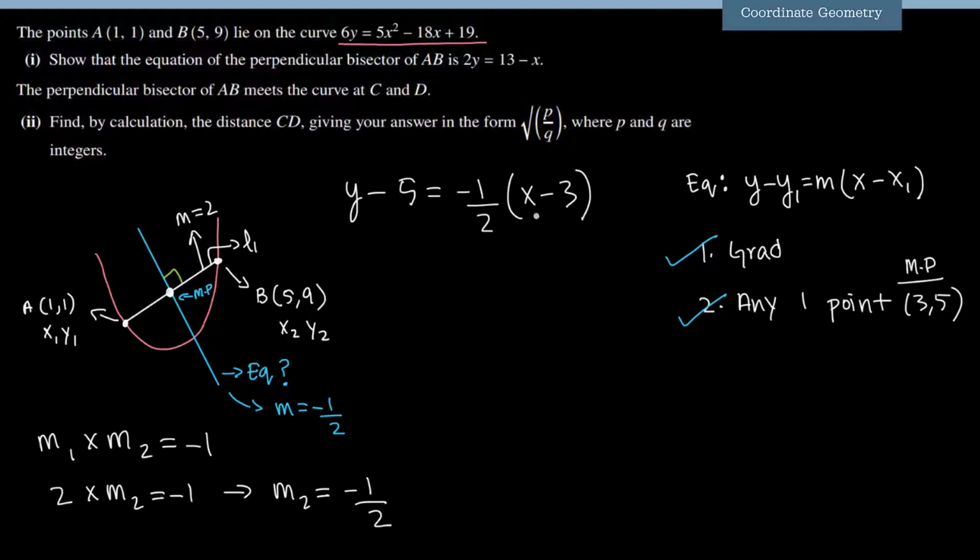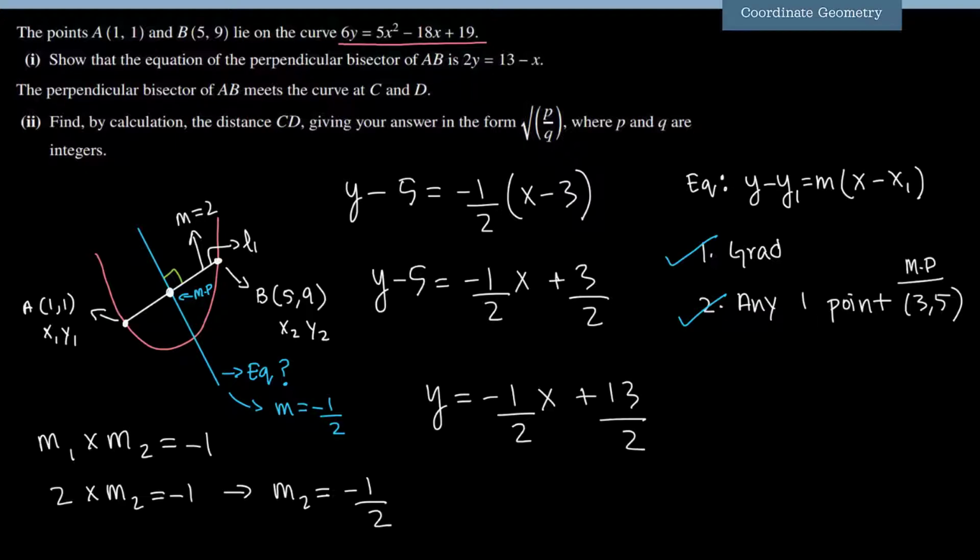Now if I multiply this by minus 1 upon 2, I'll get y minus 5 is equal to minus 1 upon 2 x plus 3 upon 2, because minus 1 upon 2 times minus 3 is positive 3 upon 2. Adding 5 on both sides would give me y is equal to minus 1 upon 2 x, and 3 upon 2 plus 5 is 13 upon 2. So plus 13 upon 2. This is the equation of this perpendicular bisector. This is my answer for the first part of the question.